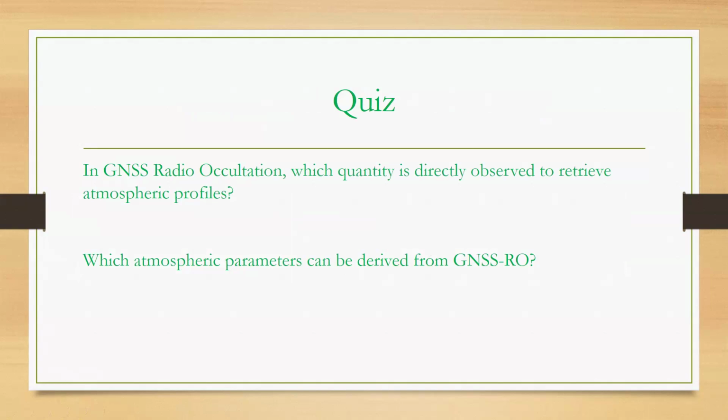So in GNSS radio occultation, which quantity is directly observed to retrieve atmospheric profiles? What is that property that is observed from which we now get other atmospheric properties? Okay, yeah, I've gotten one answer.